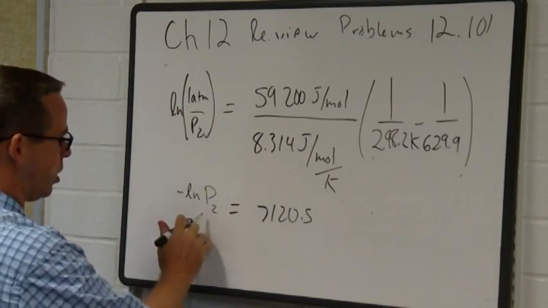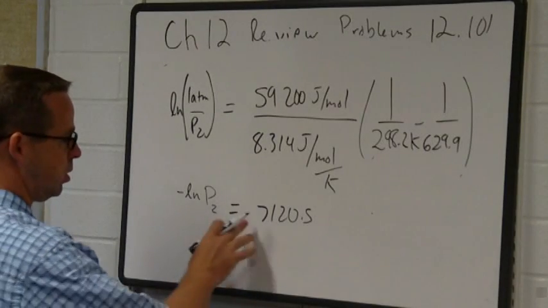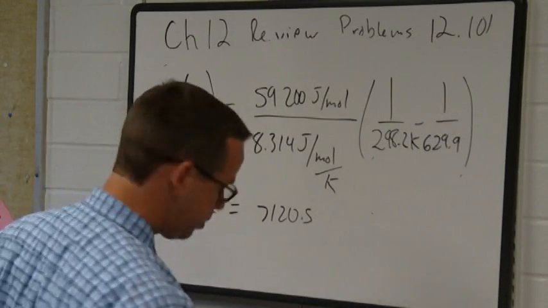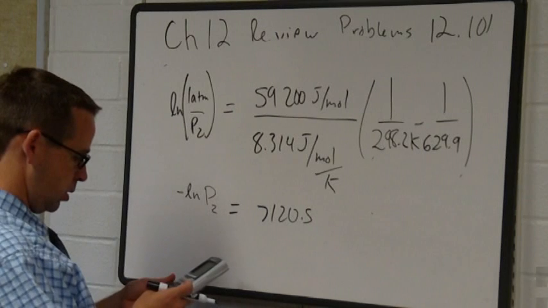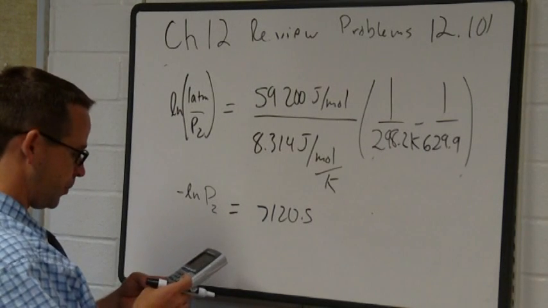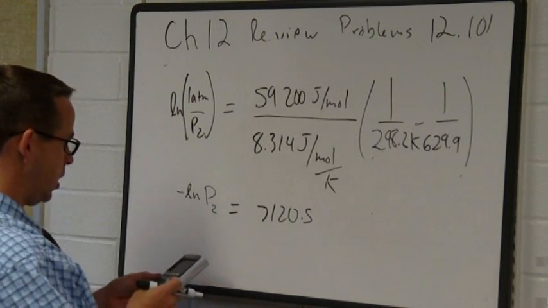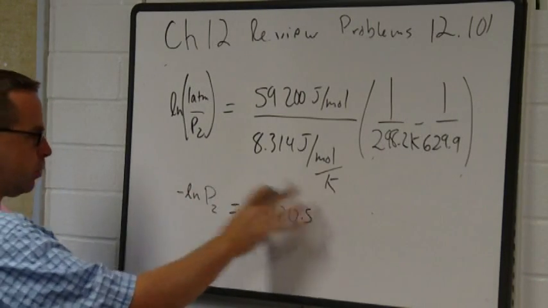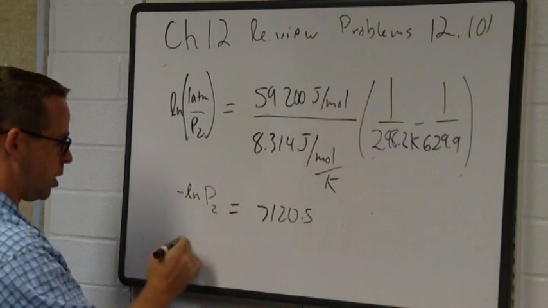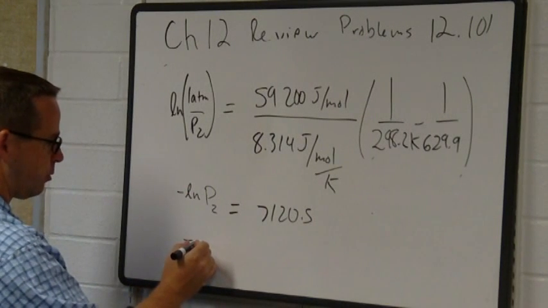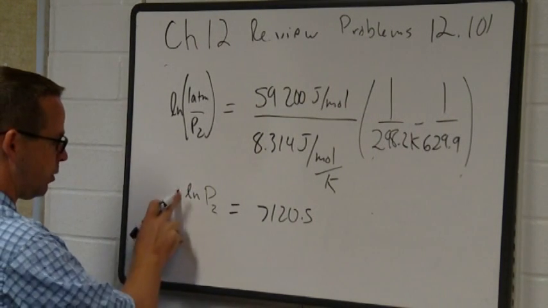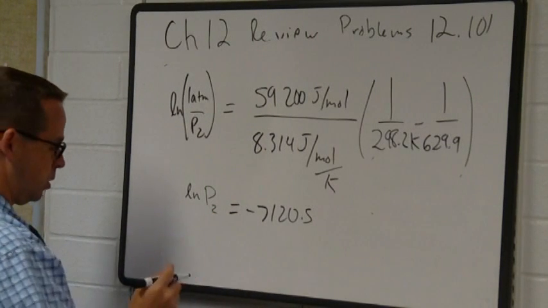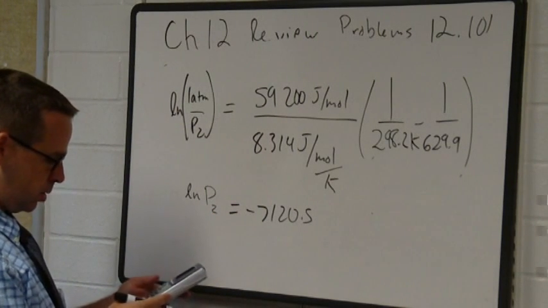So the negative natural log of P will be 7,120.5. I need to raise e to the value of both sides to get rid of this natural log. I guess I can move that negative sign over first to take care of that. Well, let's see, am I going to be able to do that?